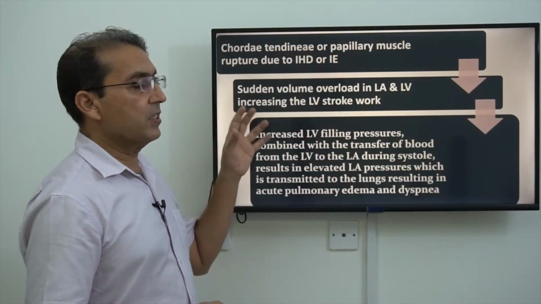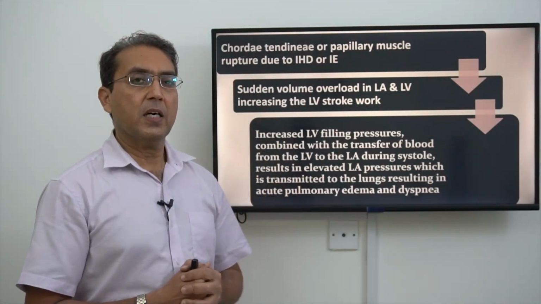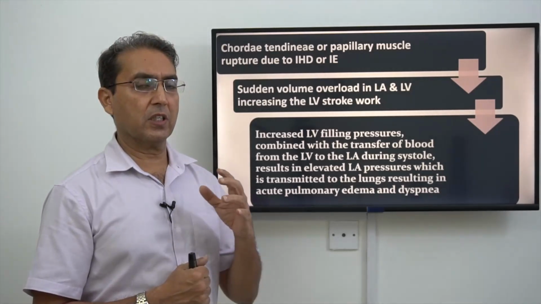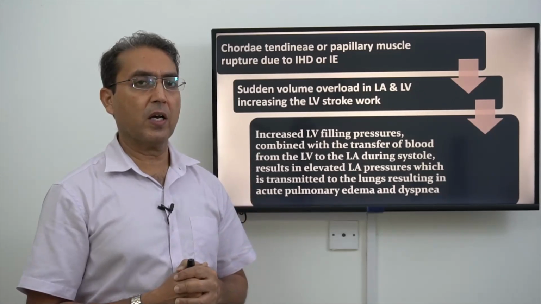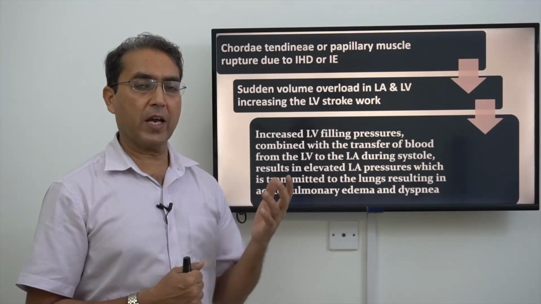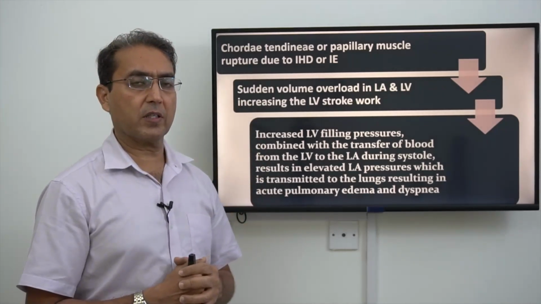Now what happens when there is acute mitral regurgitation? For example, the patient has an inferior or posterior myocardial infarction with infarction of the papillary muscles as well. So papillary muscles sometimes may break off and the valve leaflet becomes flail. Or sometimes it happens in infective endocarditis.